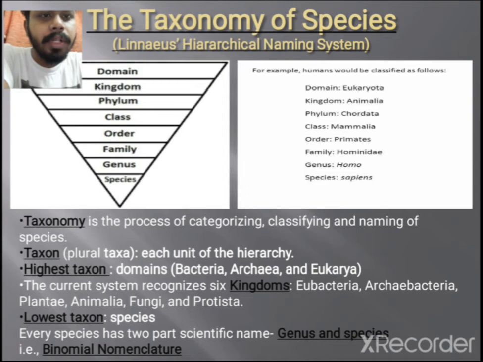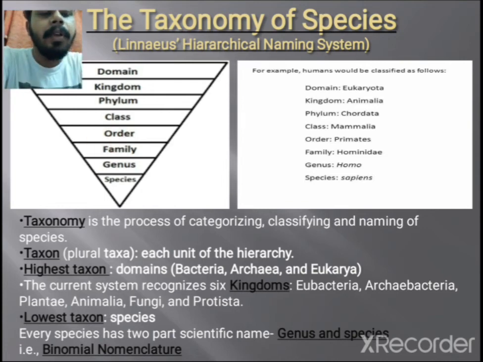Okay, so this is the taxonomic hierarchy. The lowest taxon is the species, where two or a few organisms which are similar in their characteristics belong to a single species. And in this way, two or three species, if they show the same characteristics, then they belong to the same genus. And if two or more genera have the same characteristics, then they can belong to the same single family.